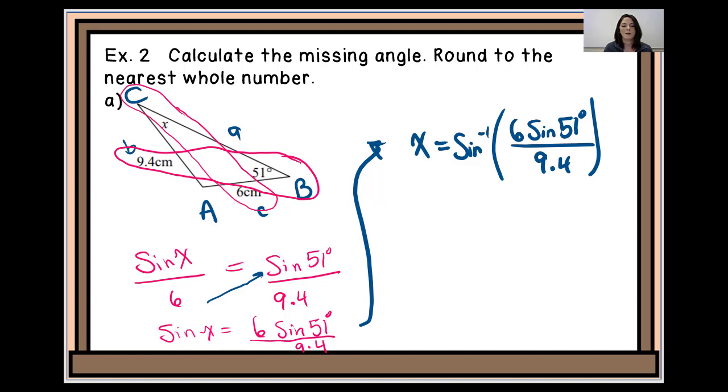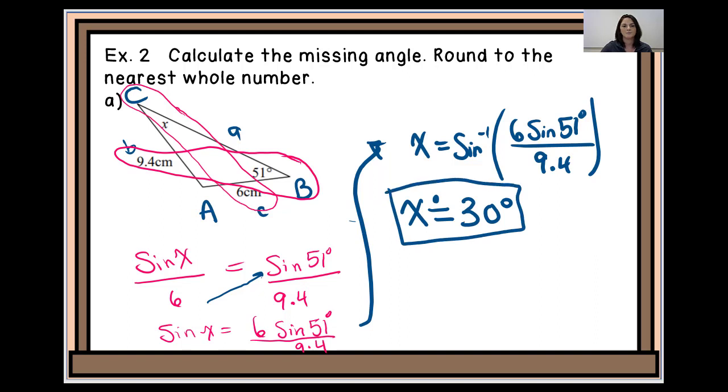Okay, go ahead, plug that in and see if we get the same answer. After plugging it in, I get x is equal to approximately 30 degrees. Remember, we are rounding to the nearest whole number. So 30 degrees. Okay, next example.